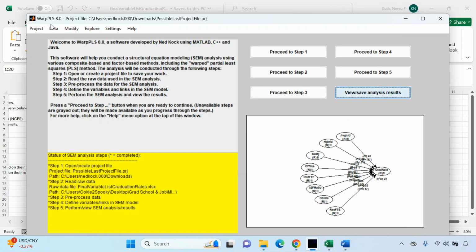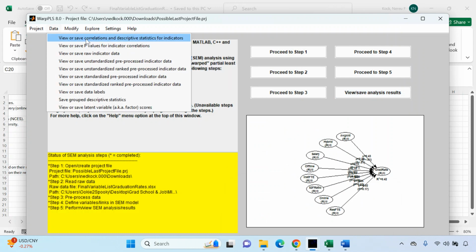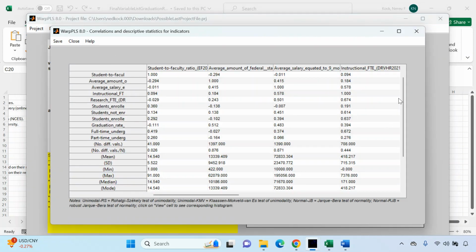If you go to data and viewer, save correlations and descriptive statistics for indicators, you can see, and this may be useful for the other team as well, you can enrich your analysis by taking a look at the characteristics of your data, the raw data.